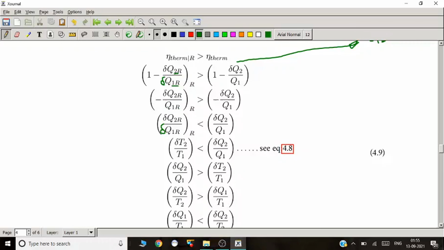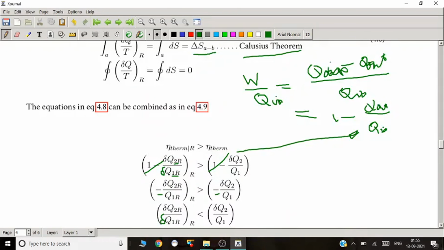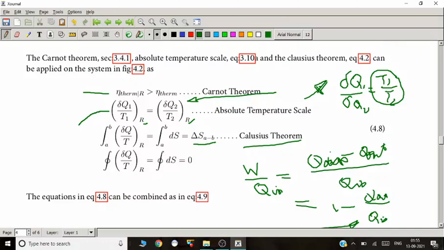Here we have a negative term. One will get cancelled out, and we'll switch the signs. When I switch the signs, I get an equation very similar to what we defined for the absolute temperature scale.